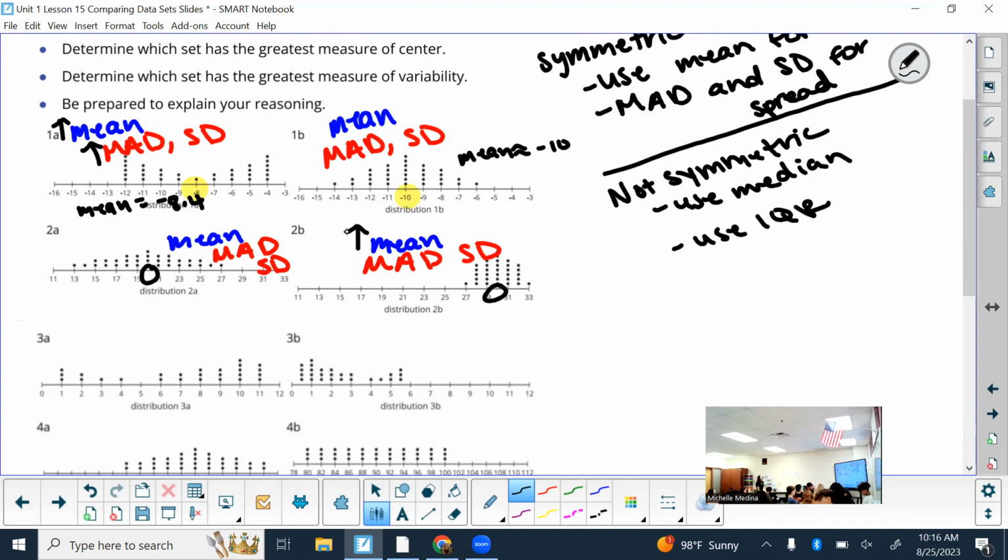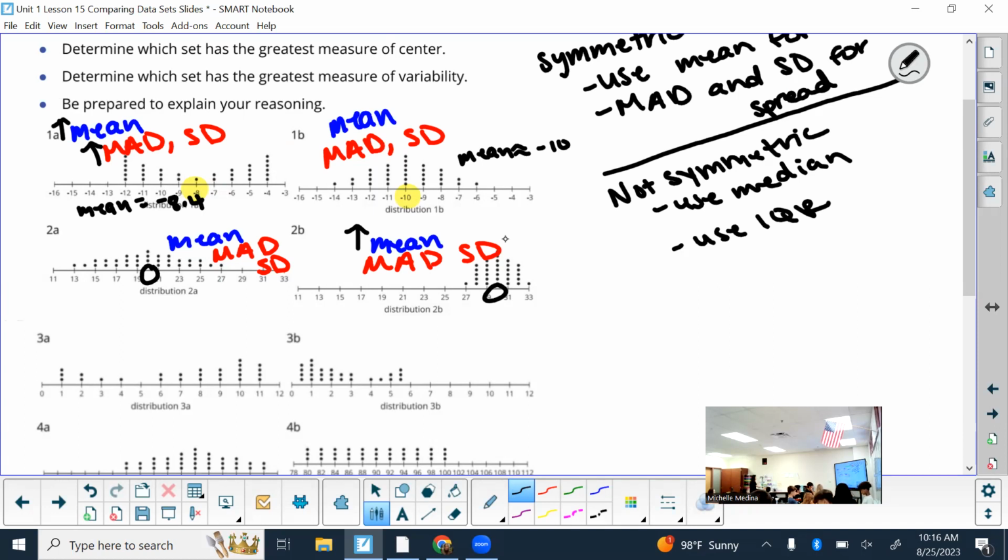Which one would have a higher MAD or standard deviation? The first one, A or B? Okay, one person says 2A. Do we know what MAD and standard deviation measure?